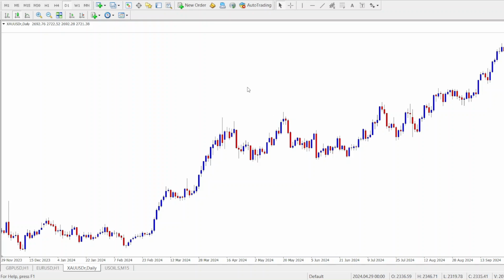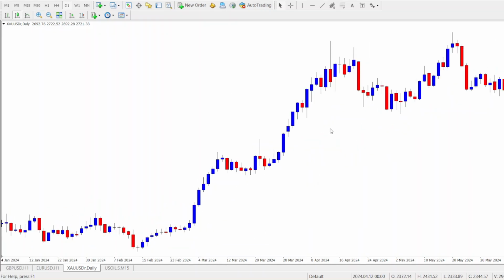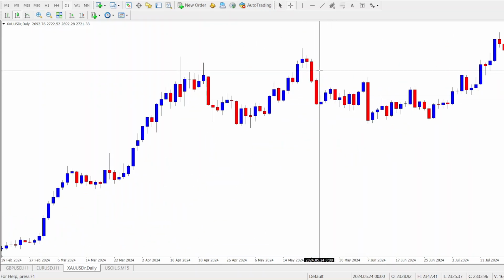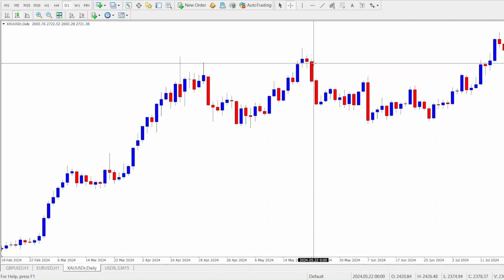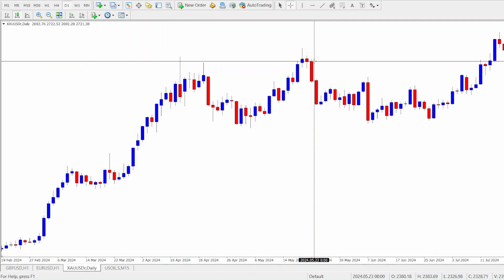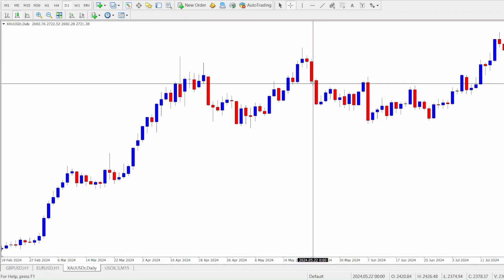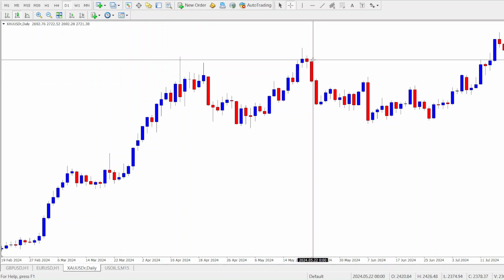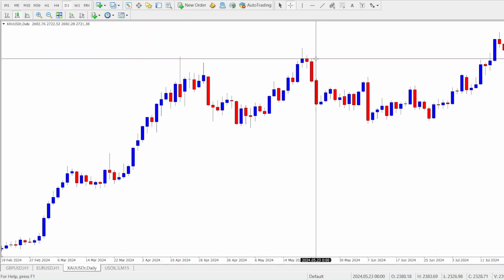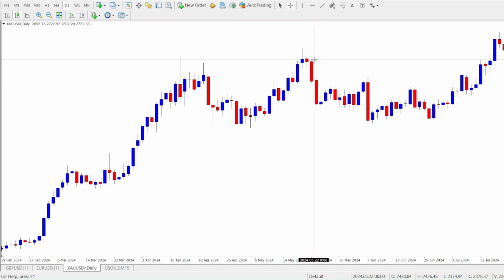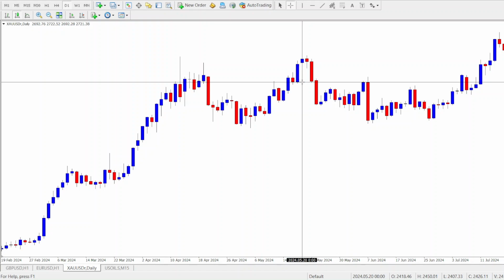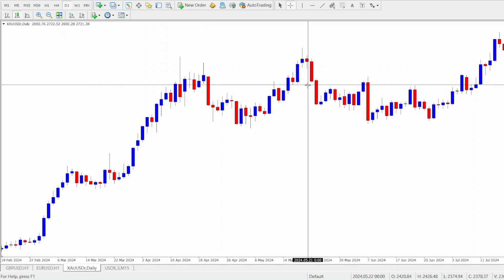For a bearish candle, we have the open price at the top of the body and the close price at the bottom of the body. Then we have a wick below the body and a wick above the body. The highest point of the wick represents the high of that candlestick. The lowest point of the wick represents the low of that candlestick.